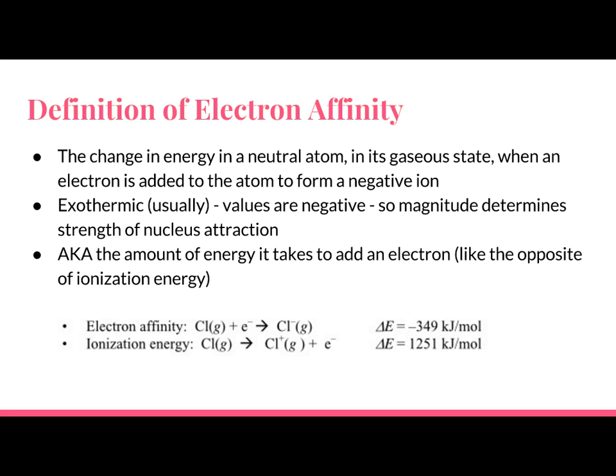It's usually exothermic, so all the values are negative. The magnitude of the values determines the strength of the attraction to the nucleus. So that talks about the electron affinity. It's kind of like the opposite of ionization.